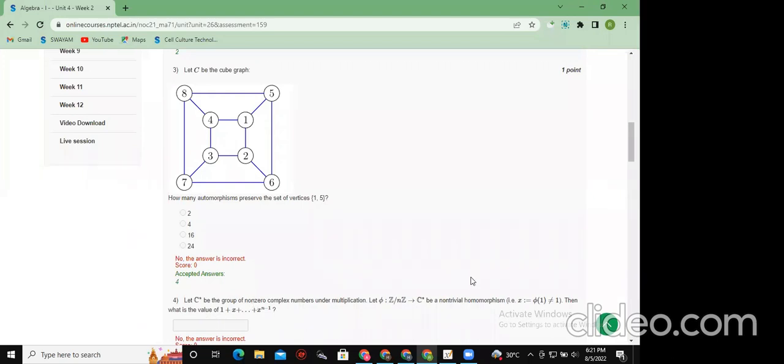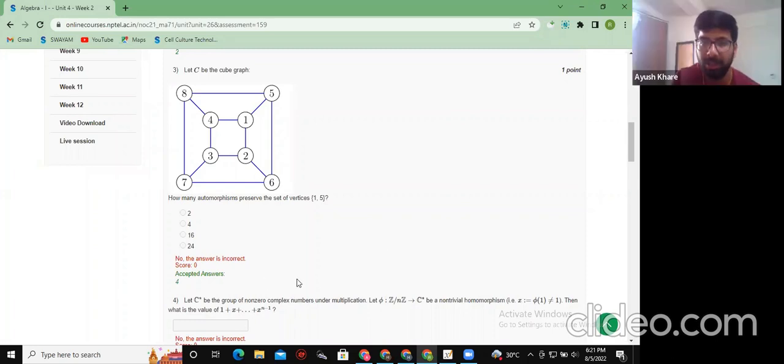So first of all, is the question clear to everyone? It says that we have a homomorphism from Z modulo nZ to C star, and this homomorphism is non-trivial. So phi of 1, which is x, is not the identity. It's something else, because the identity of C star is 1, right?